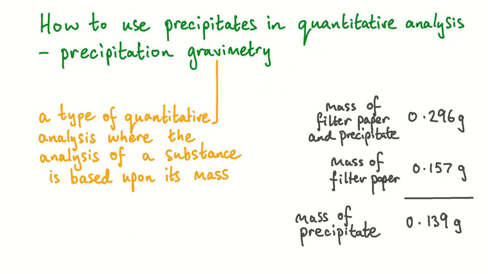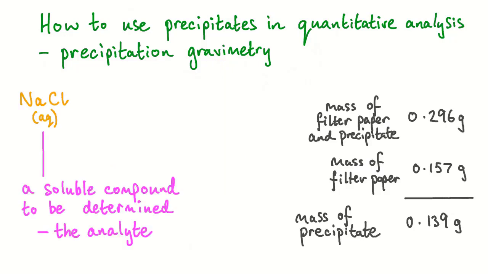When a substance is analysed based upon its mass, the method of analysis is known as gravimetry. The quantitative analytical method can be described as a gravimetric technique. In a chemical analysis, the substance being analysed is often referred to as the analyte.